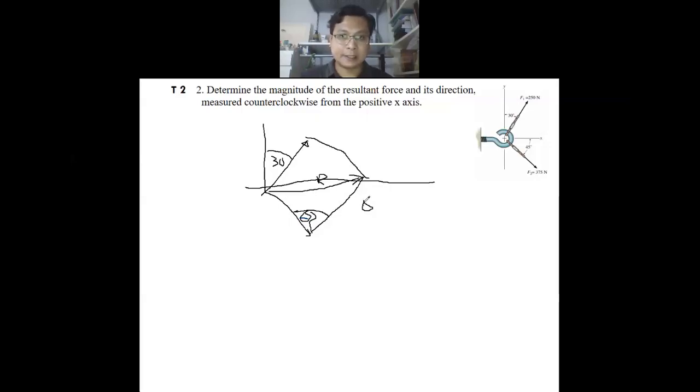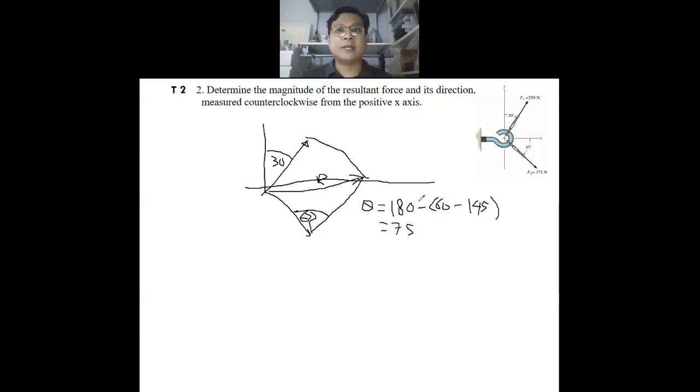Theta equal to 180 minus 60, equal to 34 degree.